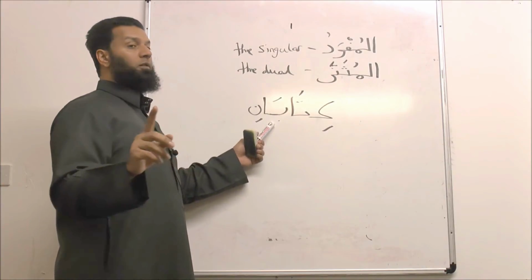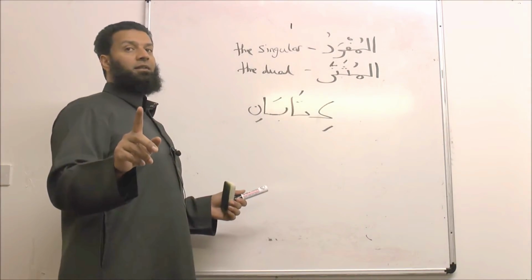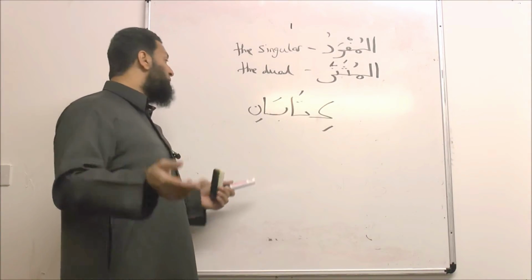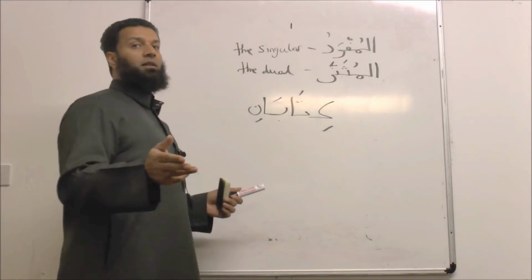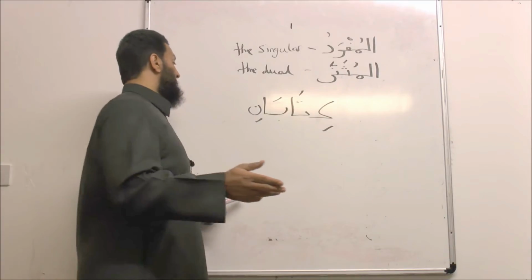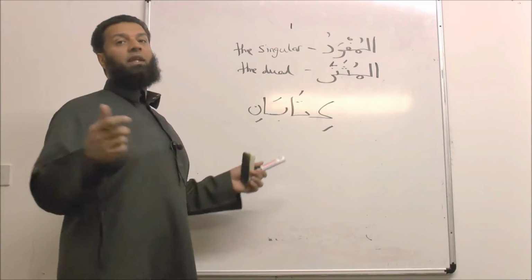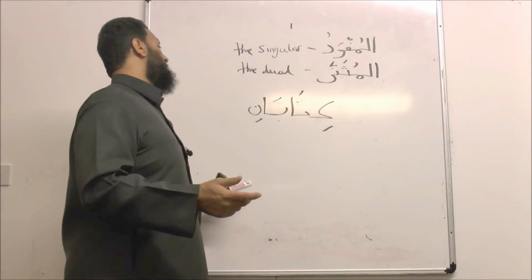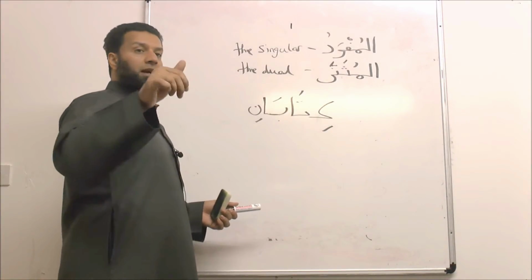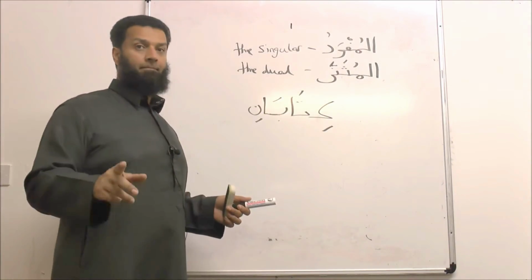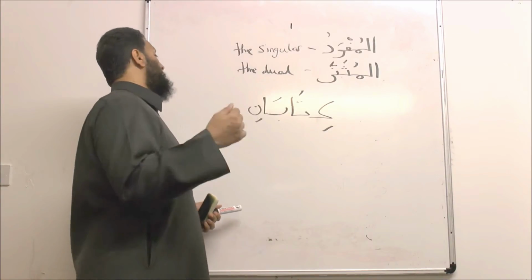So, what state therefore is kitabani in? Mansubun. Why do you think it's mansubun? Because the ending is a kasra. Right, you think it's majrurun. So why would I write an ismun on the board which is majrurun and therefore not in its default state?